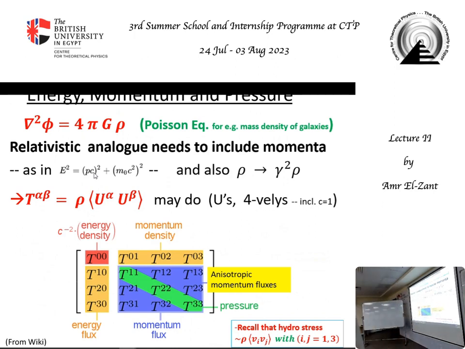A matrix for the purposes here. Okay, we know already from classical Newtonian hydrodynamics that we have the stress tensor of 9 components. What is the stress tensor of 9 components?